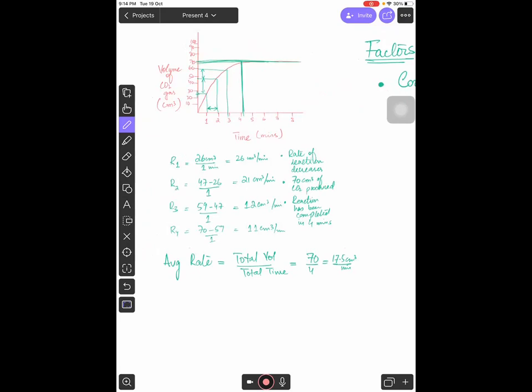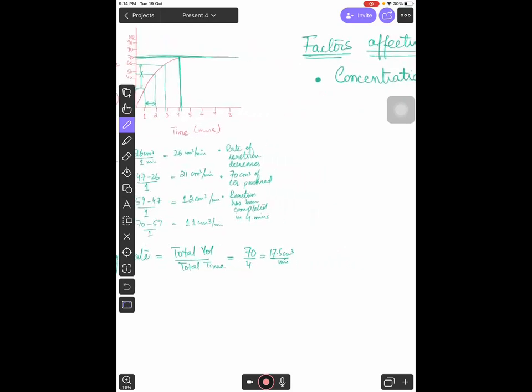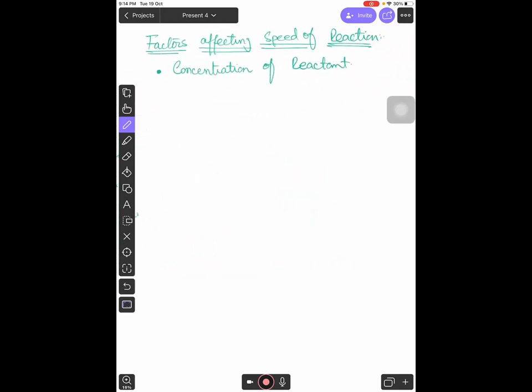Why, bacho? We know that reaction fast क्यों हो जाएगा? Because we have more particles of the reactant. जब हमारे पास reactant के particles ज़्यादा हो जाएंगे, so definitely there is more collision in the particles of the reactants. जब reaction का collision बढ़ जाएगा, then definitely we have more products and more rate of reaction, right?